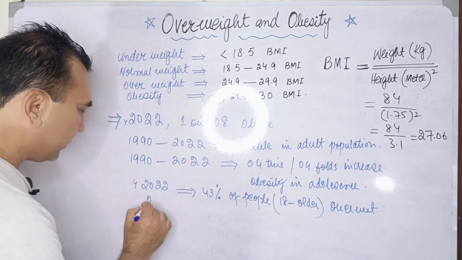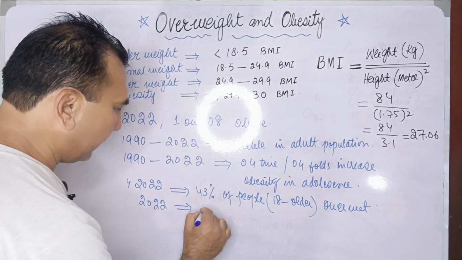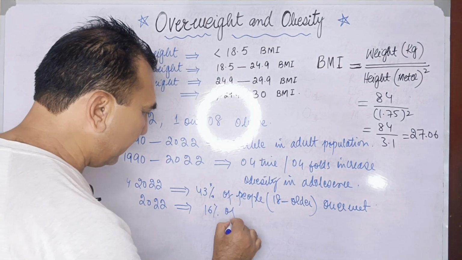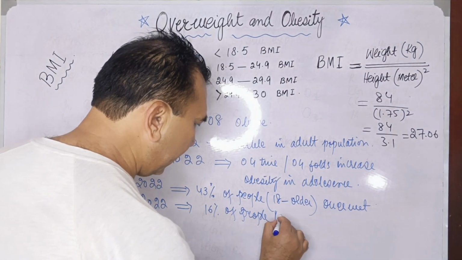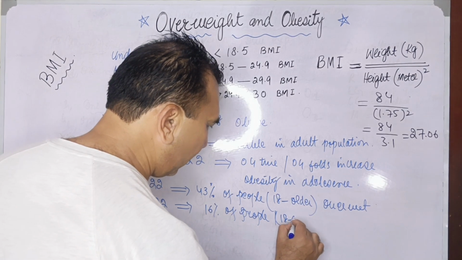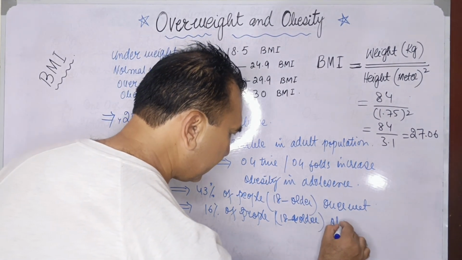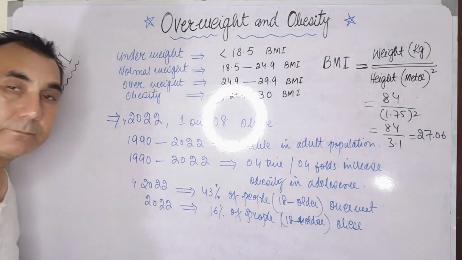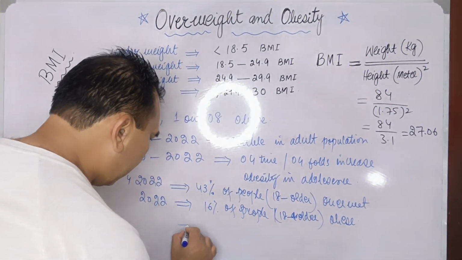And in 2022, 16% of people aged 18 years and older were obese.